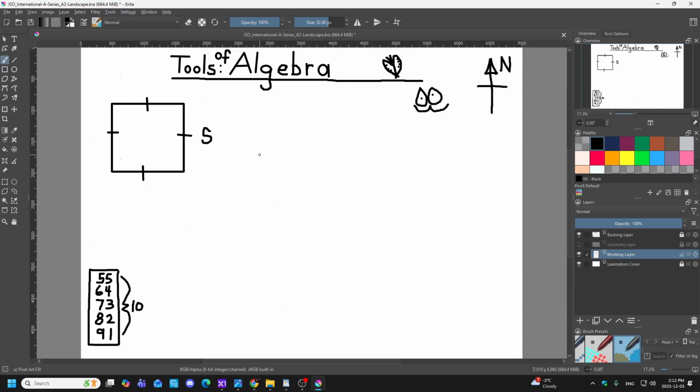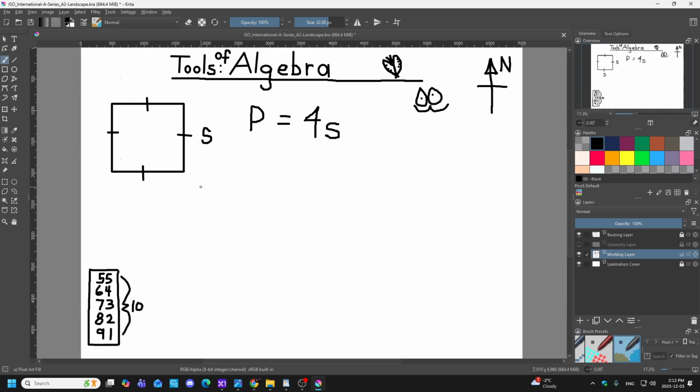The formula. Okay, so let's write it down first. Perimeter is P equals 4s, because each side of a square is equal in length.